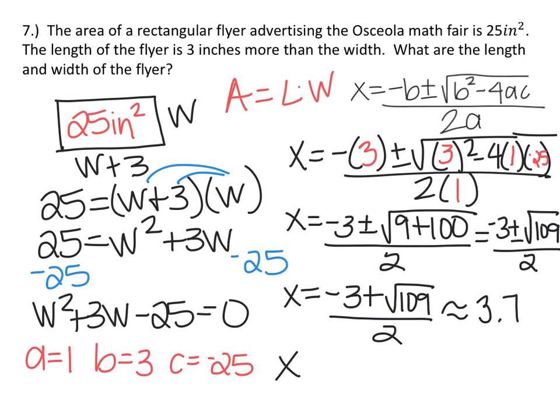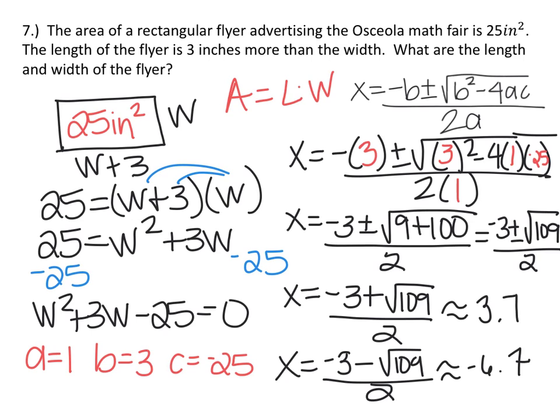And then we can do negative 3 minus the square root of 109 into the calculator, get an answer, and then divide that by 2. And then that'll give us approximately negative 6.7.